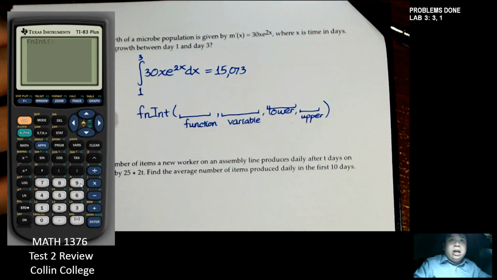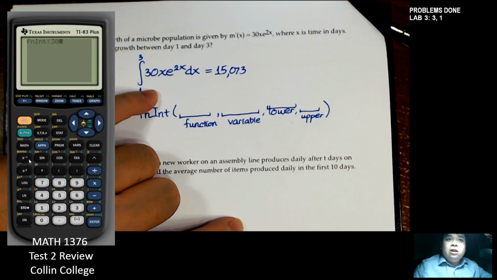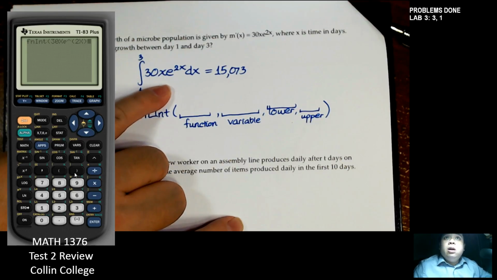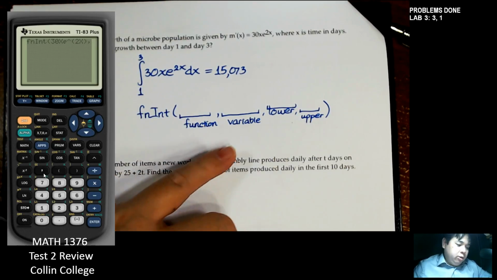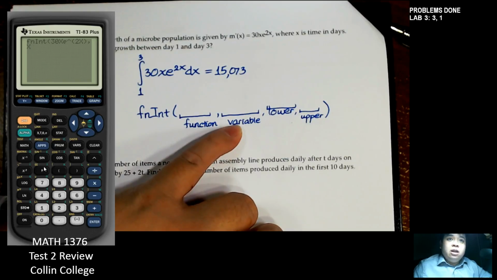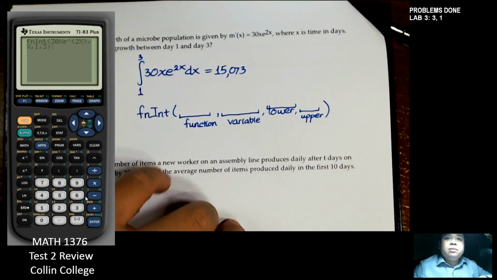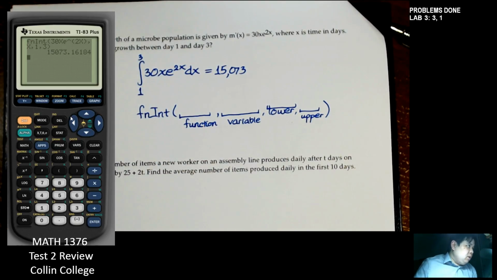So in this case, we will write the function 30x e to the 2x. That is the function. The variable is x, and that goes from 1 to 3. And then we have the same thing.